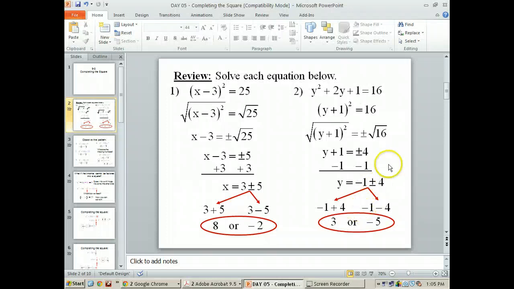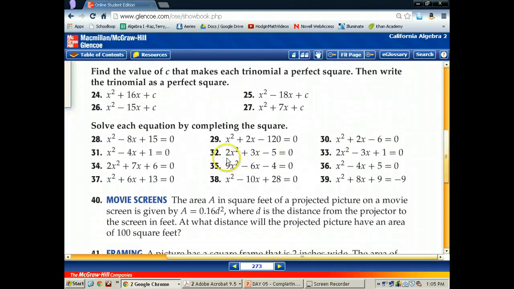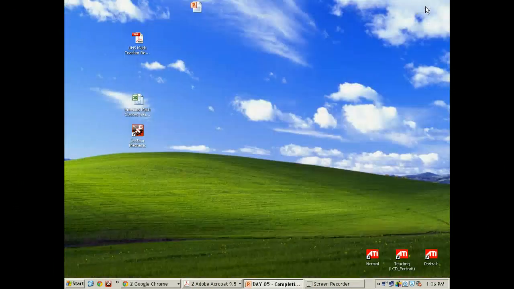All right, so let's show what you're going to be doing. Like I said, you're going to be doing 32 to 35 right here, but you're also going to be doing something else. Write this all down.